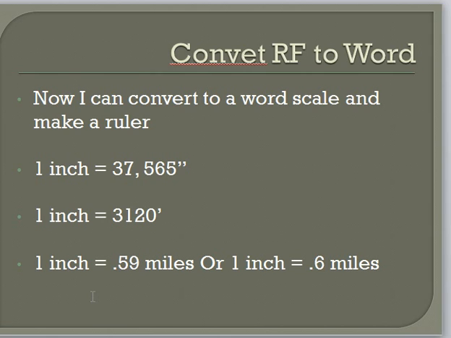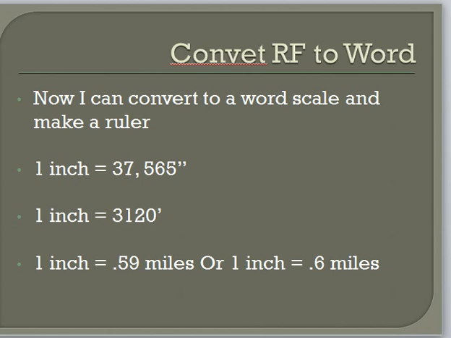So I could draw a ruler that has 1-inch increments, and each increment would be about 6/10 of a mile, and that would be a way to use that back and forth map scale in order to actually measure distance on a map with an unknown scale.